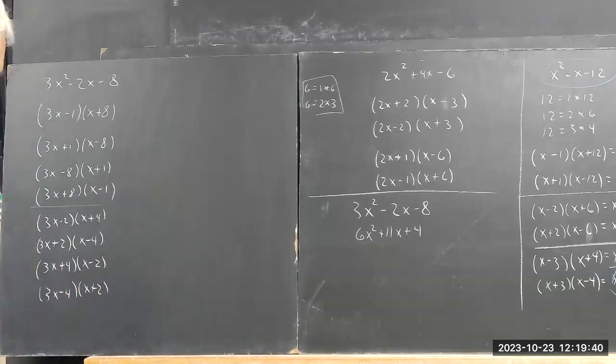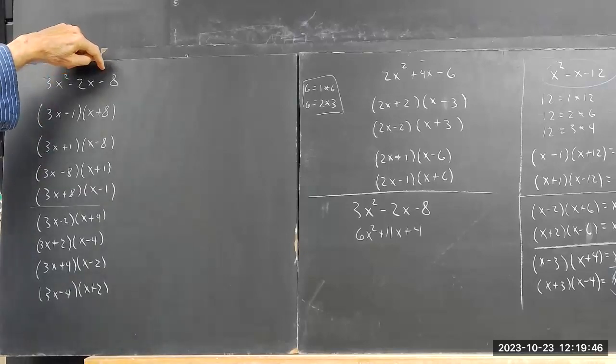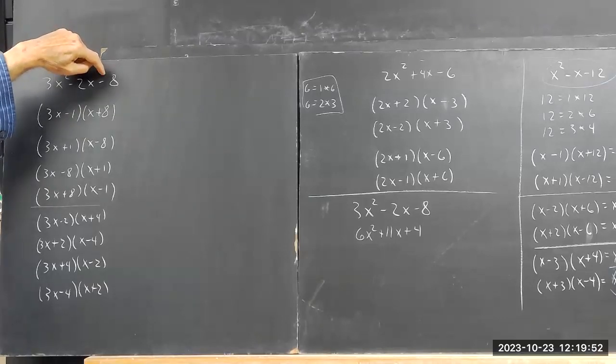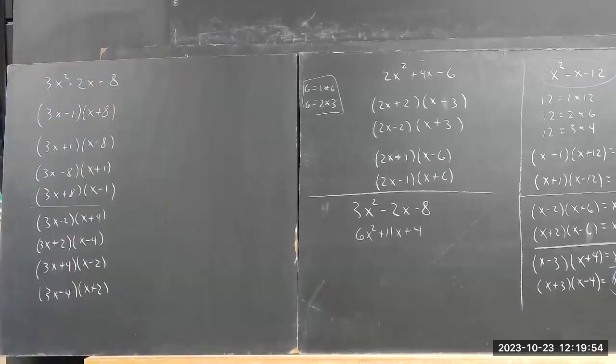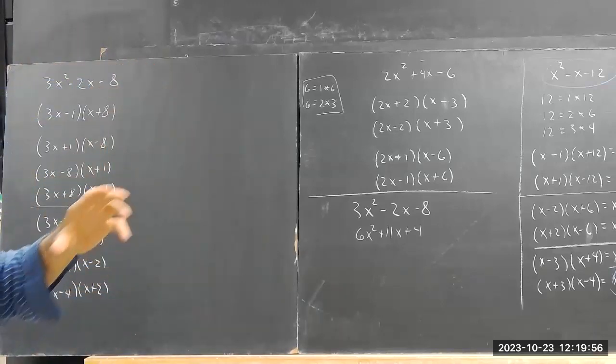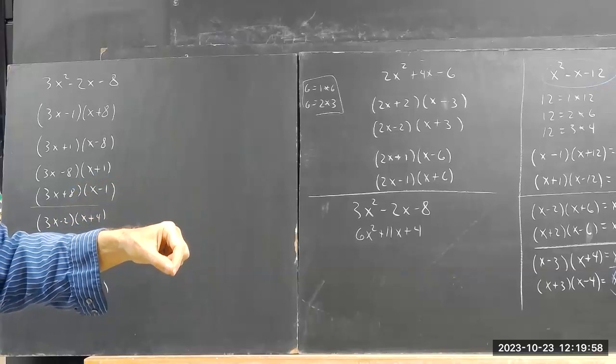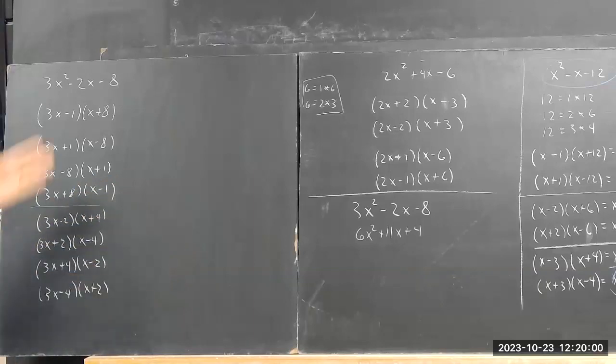Those are all possibilities. Now, there's no other way to write 8 as a product of two numbers. Okay, it's either 1 times 8 or 2 times 4. So there are all of our possibilities.